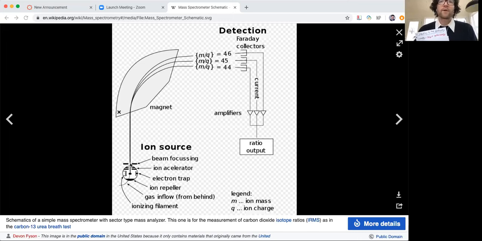And that's really how we want our ion stream to be, one nice line. Because eventually it goes into a magnet where you have one side the north, for instance, and one side the south. And depending on what's called the mass over charge, m over z, or in this case m over q, the ions will be curved in a different trajectory.